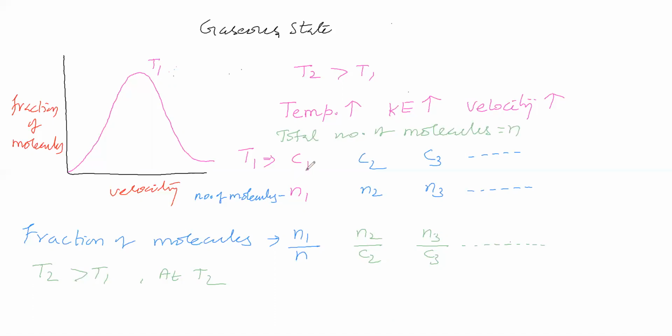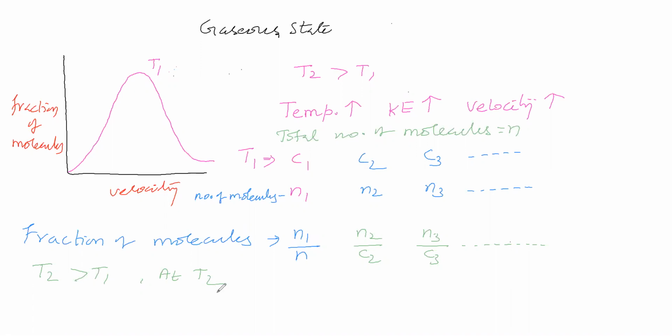C1 is a velocity possessed by this many molecules, so the fraction of molecules having this velocity is this number of molecules by the total number of molecules. That is called a fraction of molecules.